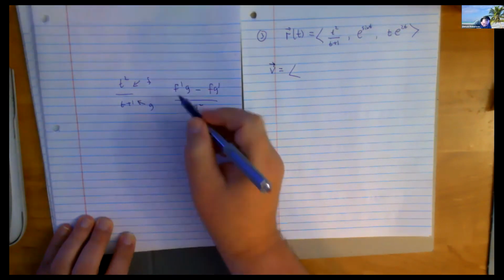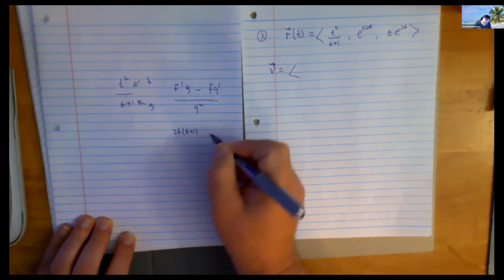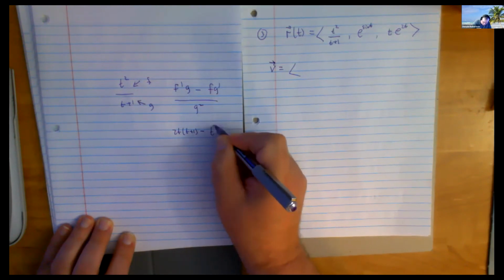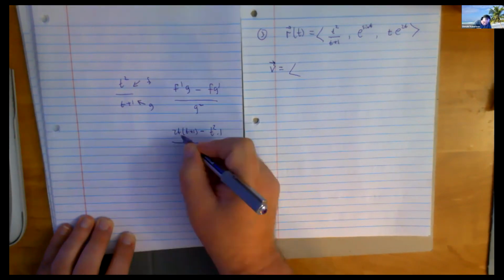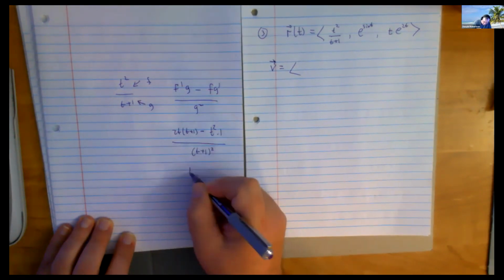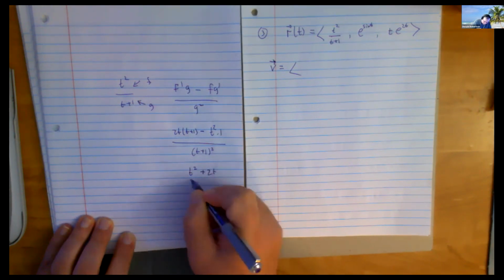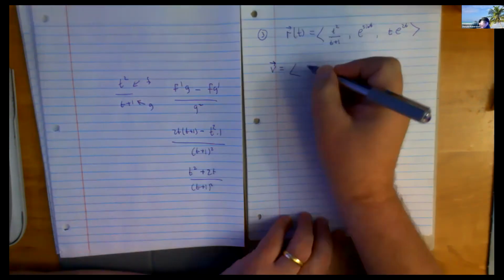So I'm going to have 2t times t plus 1, subtract t squared times 1, over t plus 1 squared. So that's going to be 2t squared, take away t squared, that's going to be a t squared plus a 2t when I'm finished, over t plus 1 squared. So I'm going to put that one there.